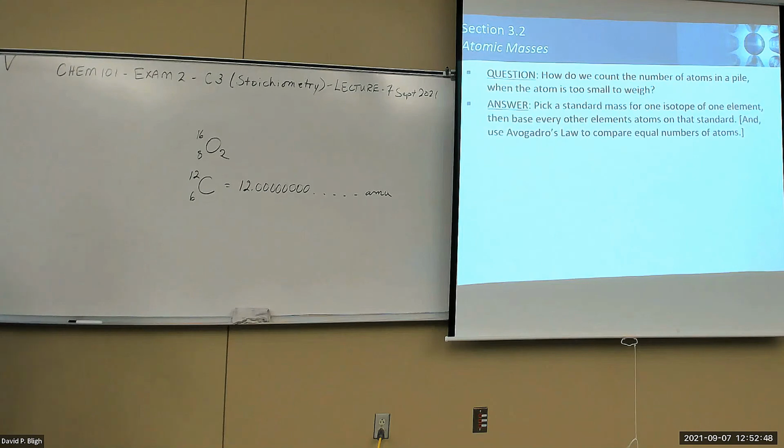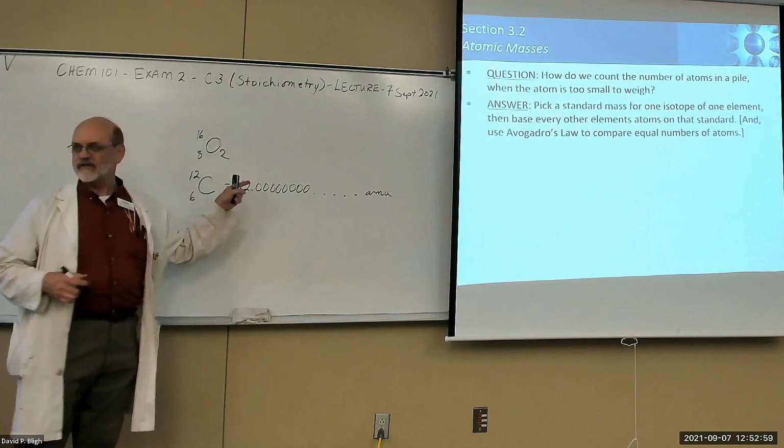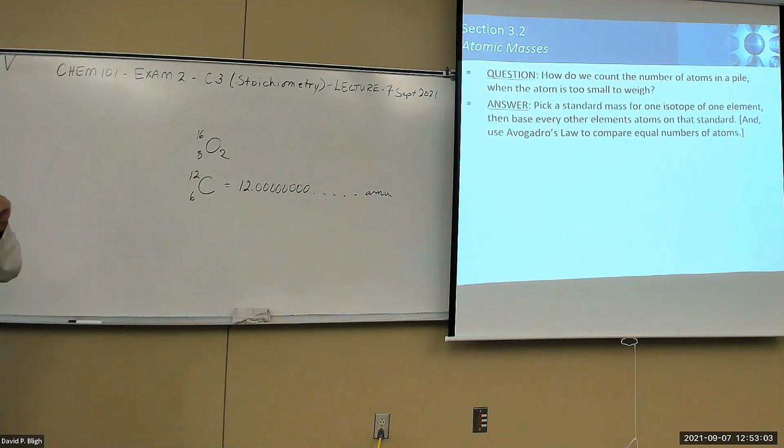Now, what is an atomic mass unit? Well, it's pretty close to the mass of the proton. But whatever it is, carbon has 12 of them, exactly 12. And it's the only isotope that has exactly 12.